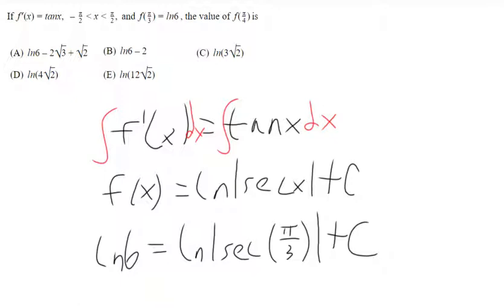And, well, secant of pi over 3 is going to give you 2. And if you don't see why that is, draw your right triangle and take a look at the ratio there. So I can replace this absolute value, and of course the absolute value of 2 is still 2. So I can replace this right here with just a 2.